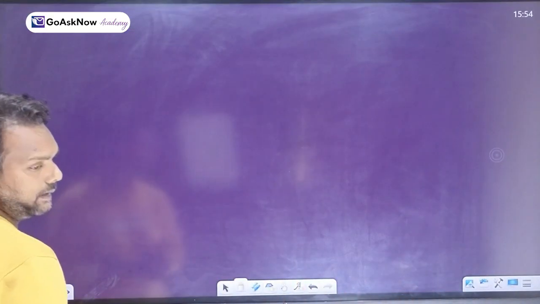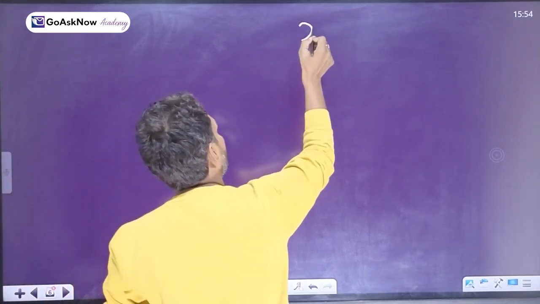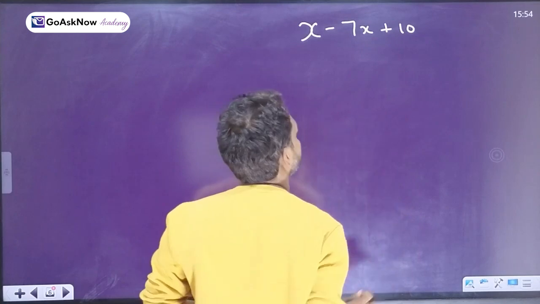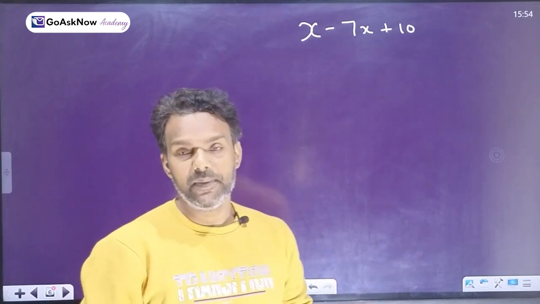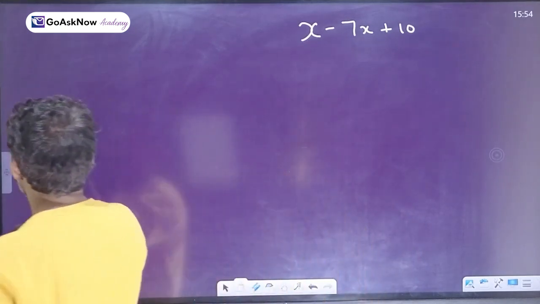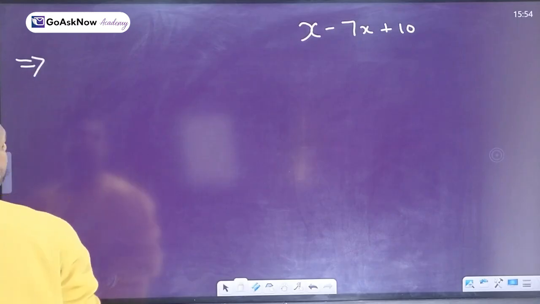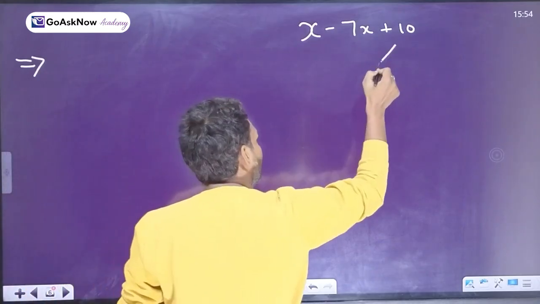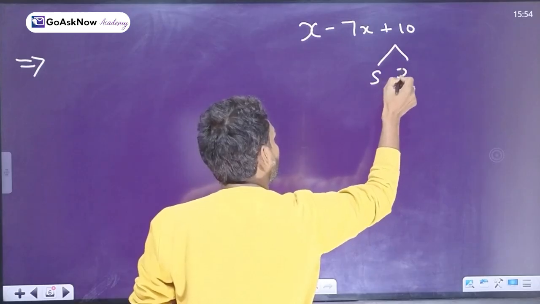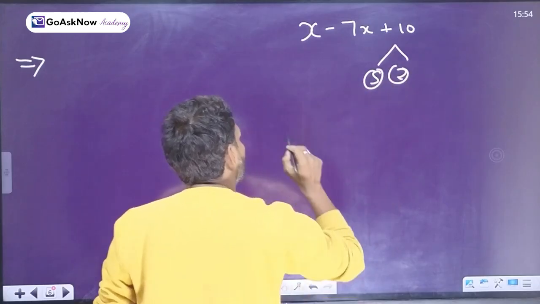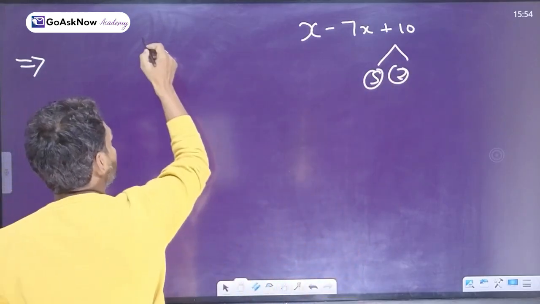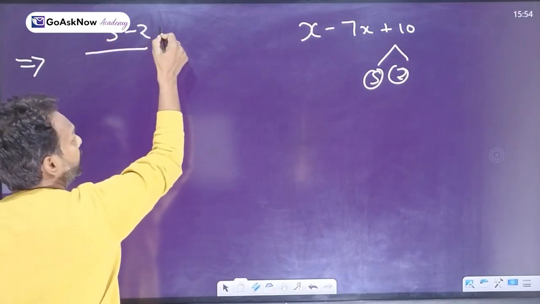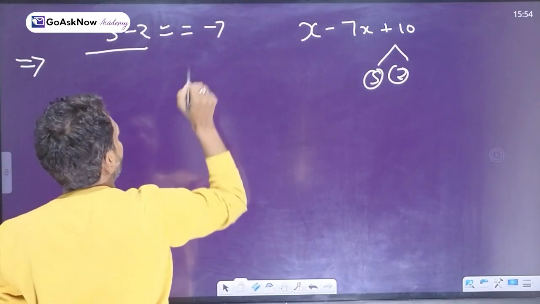So let us take an example. x square minus 7x plus 10. Okay. Now when we factorize it by the splitting method, we see that 5 and 2 are two factors, and minus 5 minus 2 gives us minus 7.